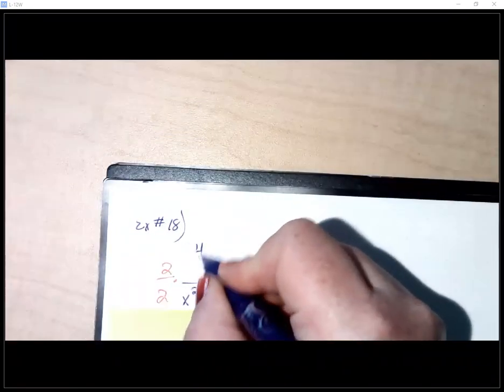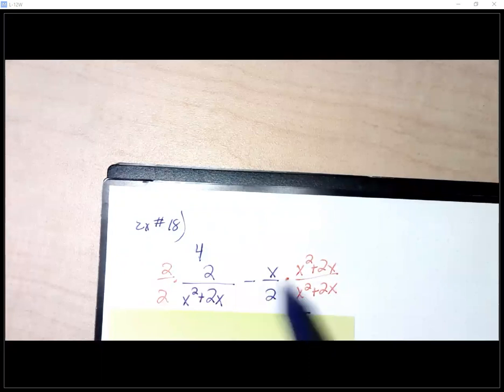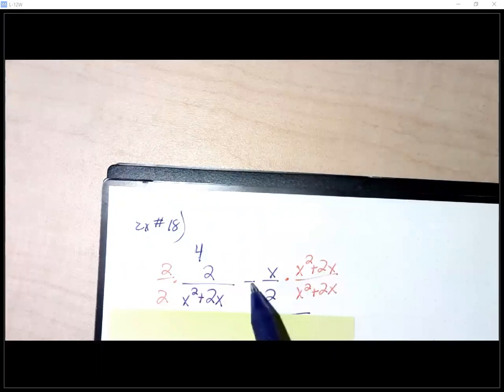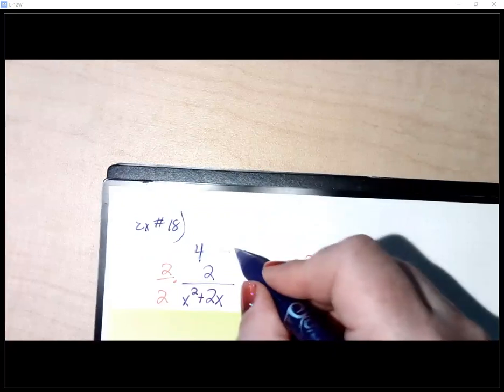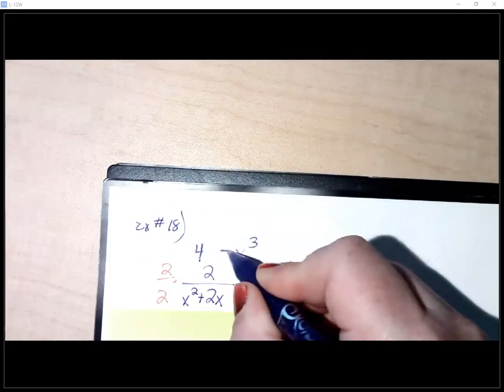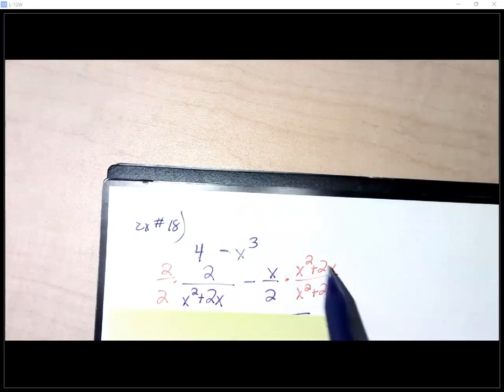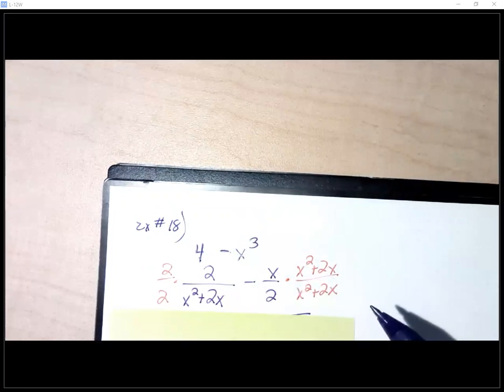Now, be careful, this is subtraction. So I'm gonna have to multiply through this x, but then I gotta subtract everybody. So you could just distribute a negative x. Negative x times x squared is a negative x to the third. And negative x times 2x is a negative 2x squared.